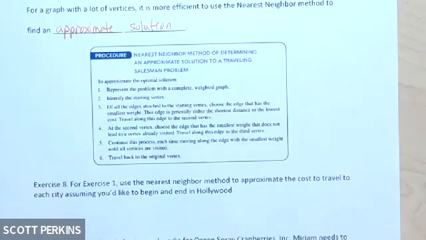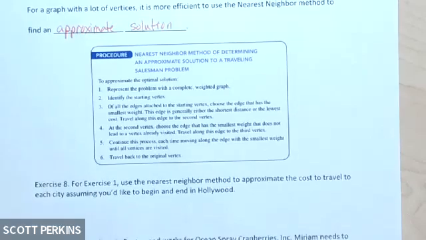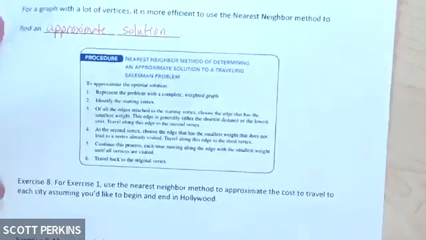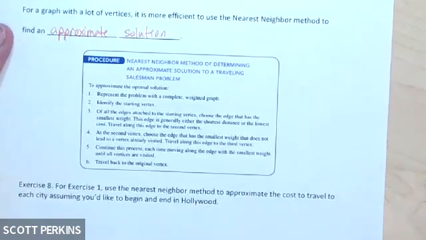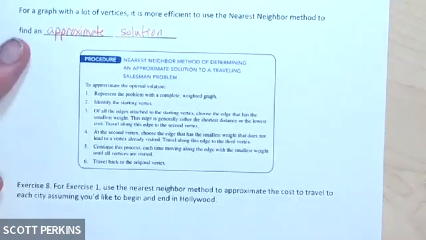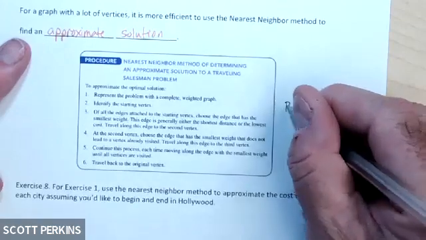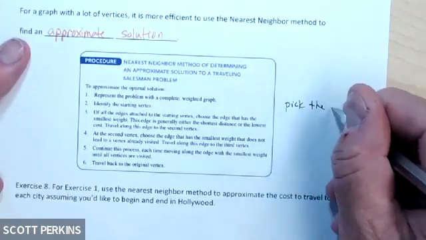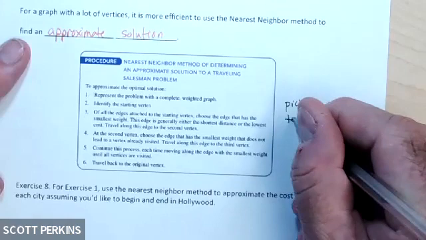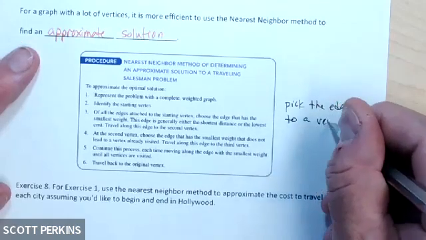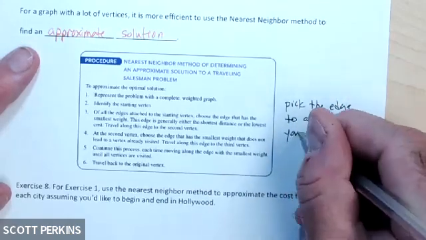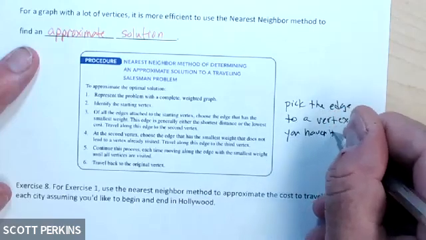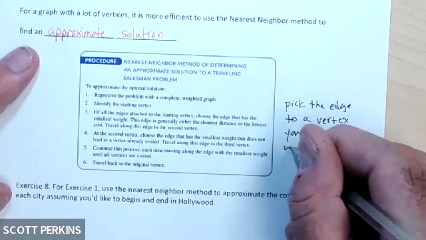Basically, just to summarize what that chart says, all you do for the nearest neighbor method is you pick the edge to a vertex you haven't been to, with the lowest cost.